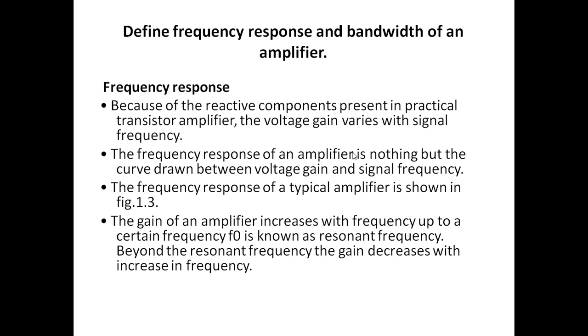Output impedance. Output impedance is defined as the ratio of output voltage to the output current. These are the four different characteristics for a given amplifier circuit.